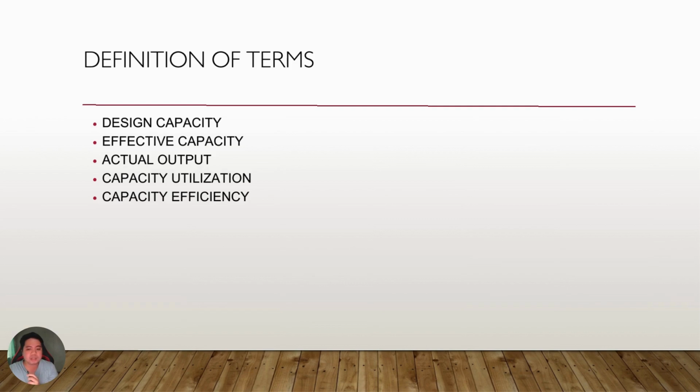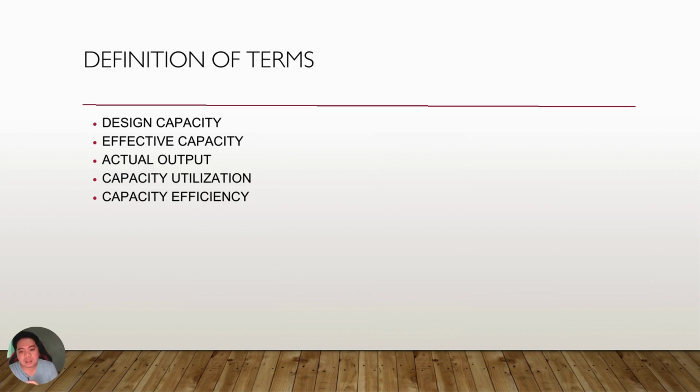Design capacity is the maximum output rate that can be achieved under ideal conditions, ignoring many real-world problems. It is also known as theoretical capacity or ideal capacity.